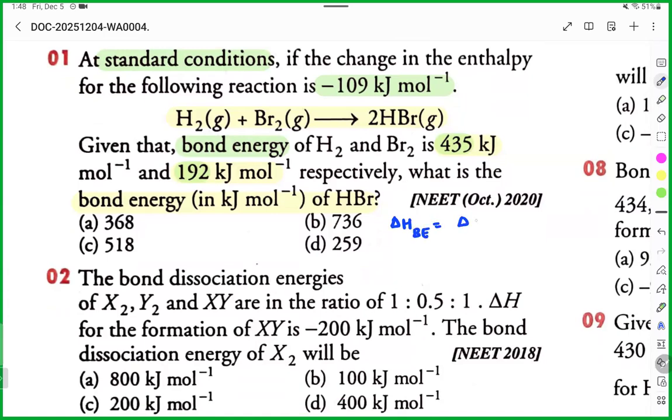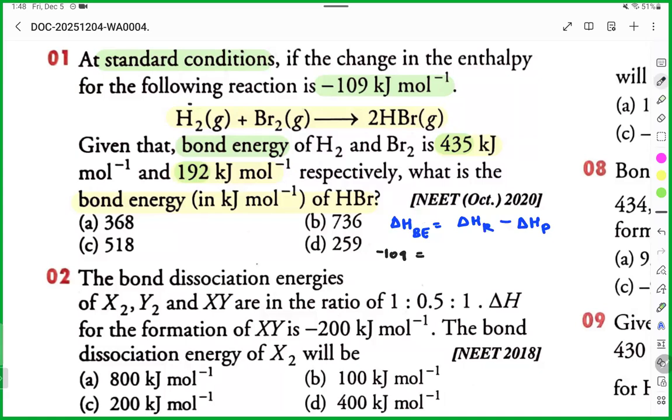I have to check delta H of reactant minus delta H of product for bond dissociation and combustion. Sir, how do we know it is dissociating? It said bond energy, and bond energy means breakdown.